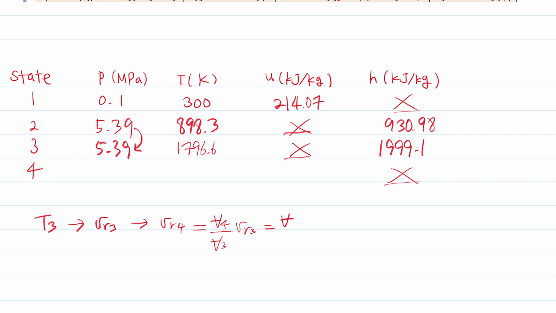And multiply and divide the equation by V2. V1 equals V4, since process 4-1 is a constant volume process.